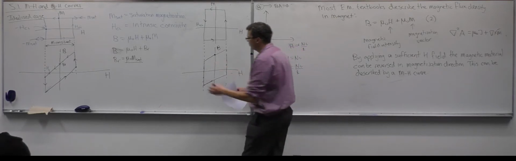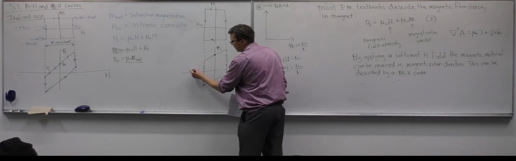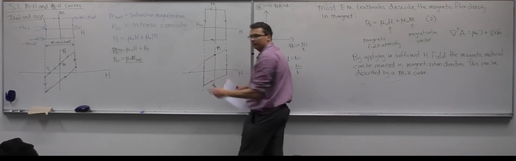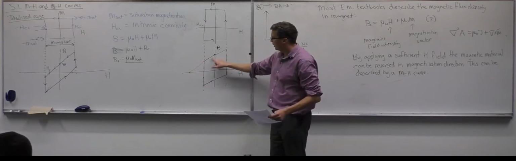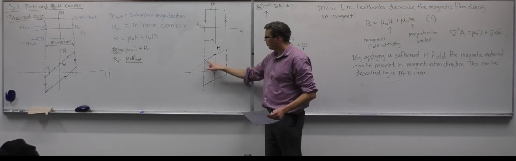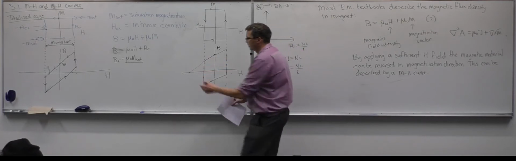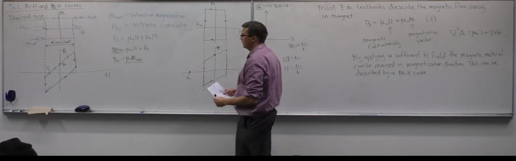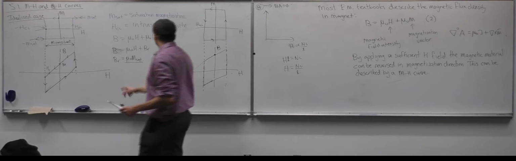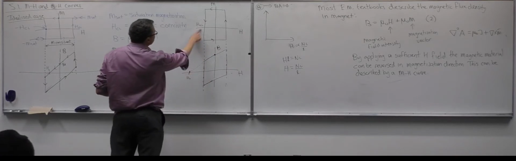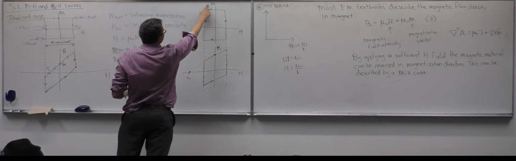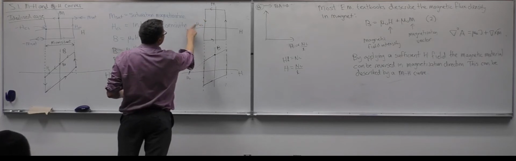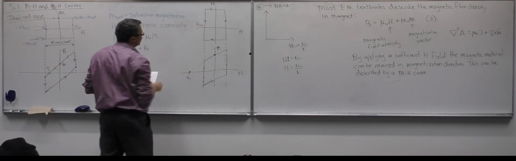So if it kept going down to here, then you can see if you travel down this path, it would be linear all the way along until you hit the HC here. But you don't. And that's because the magnetization M is greater than the HCI.